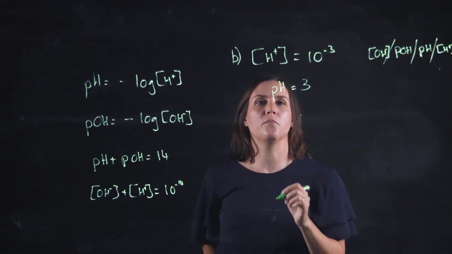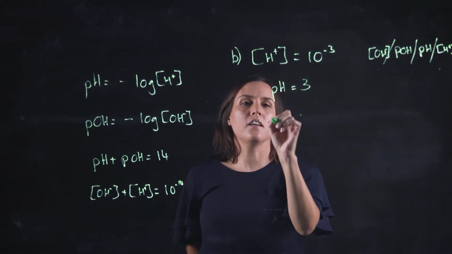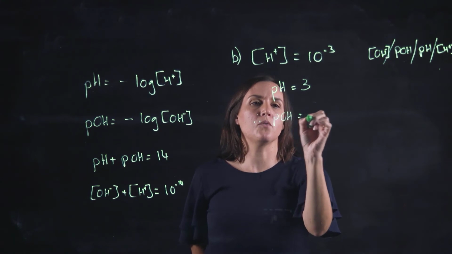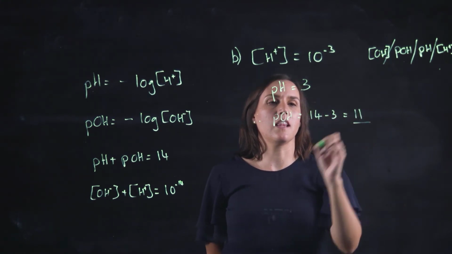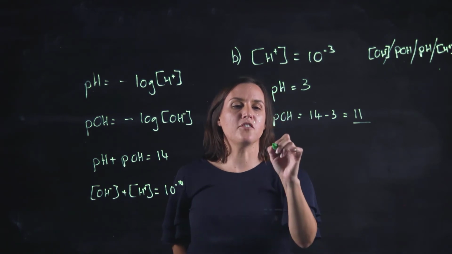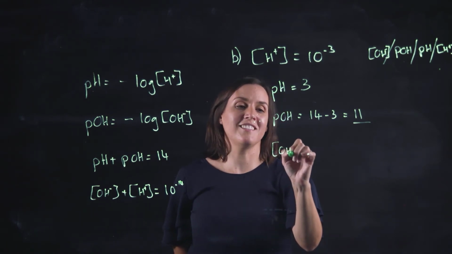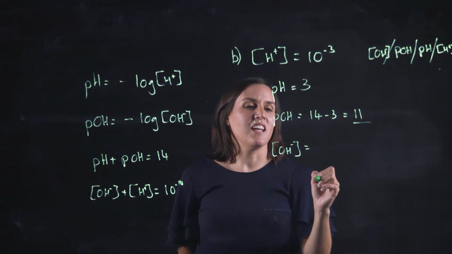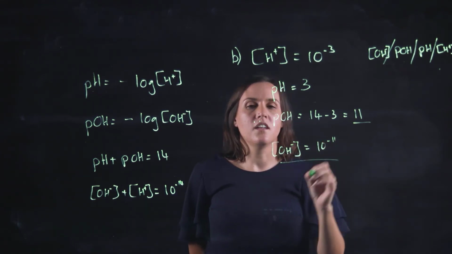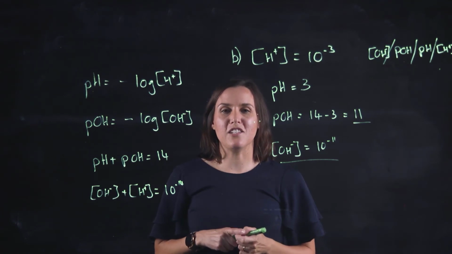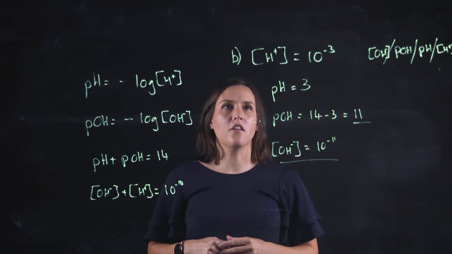Just that value up the top. Therefore, my pOH equals 14 minus 3, 11. My hydroxide ion concentration equals 10 to the minus 11. So they're very, very easy to switch between because they're logs.